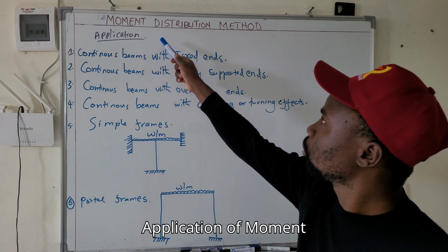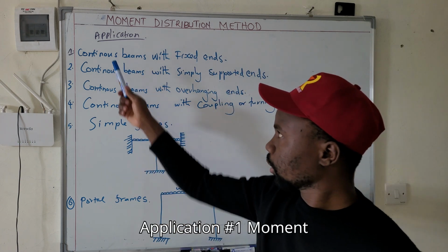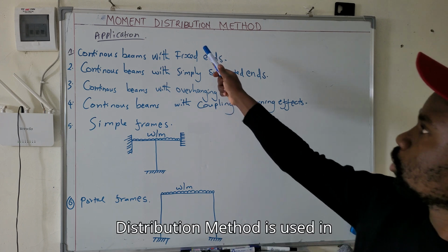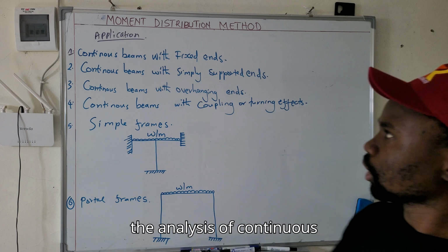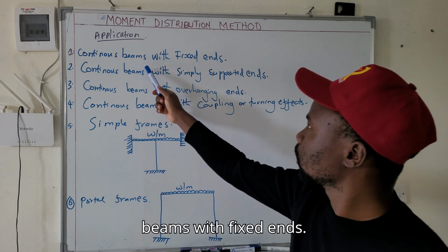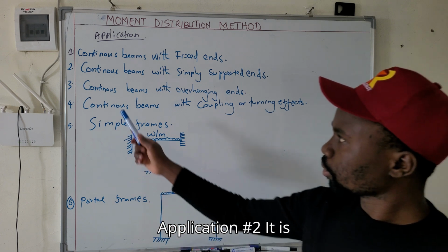Application of the moment distribution method. Application number 1. The moment distribution method is used in the analysis of continuous beams with fixed ends. Application number 2.